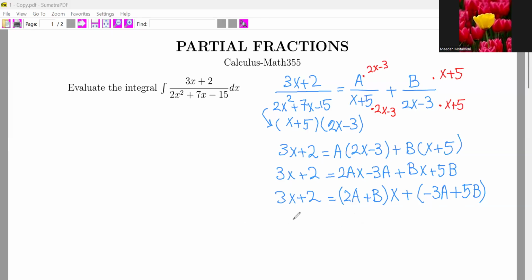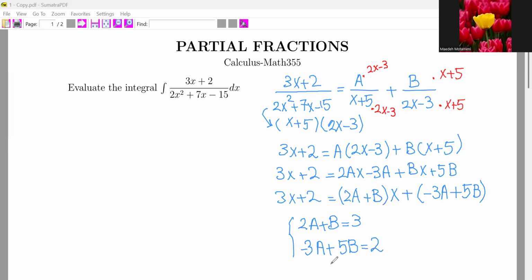These two sides are equivalent when 2A plus B is 3, the coefficient of x, so both sides will be the same, and the constants will be the same as well. So negative 3A plus 5B will be equal to 2.